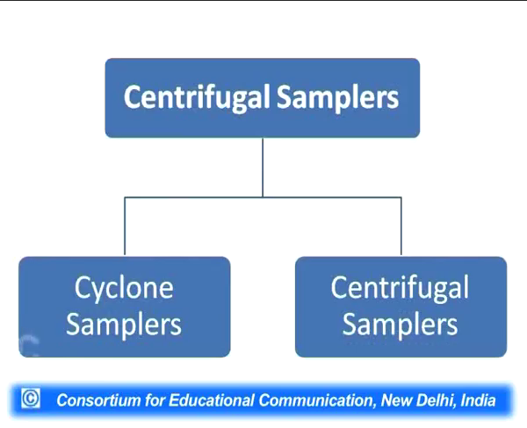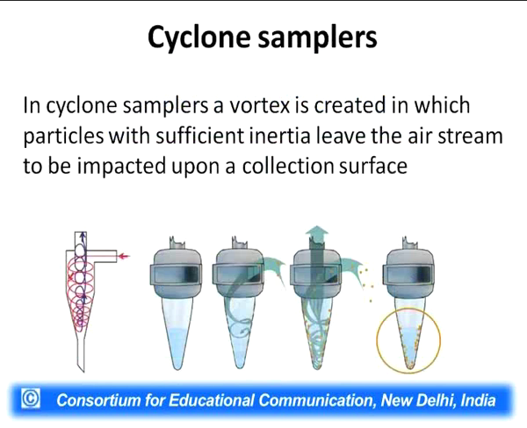The next class of sampler is the centrifugal sampler, and centrifugal samplers are divided into two different types: one is known as cyclone samplers, while the other is called centrifugal sampler. In the case of the cyclone sampler, the picture at the left-hand side beautifully shows how air enters, with the red curved arrow, and the blue color shows how the air passes through it.